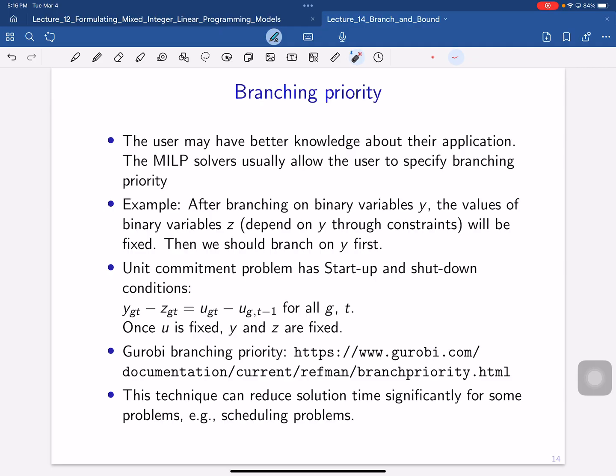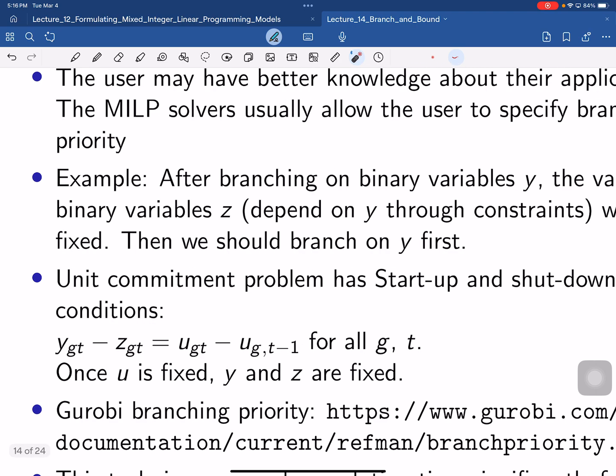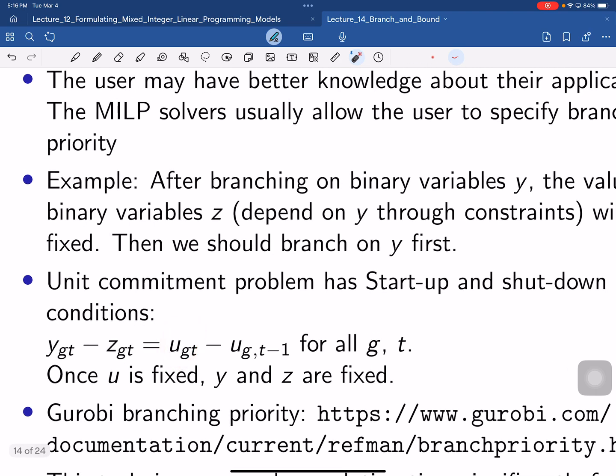Remember we have this so-called unit commitment problem, right? Where the binary variable u describes whether a generator is operating at time t, right? So u can be 0, 1 variables. And there are y and z variables, which describe the startup and shutdown of those generators, right?